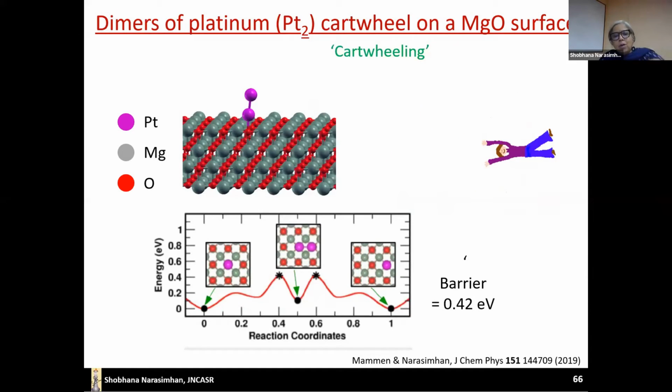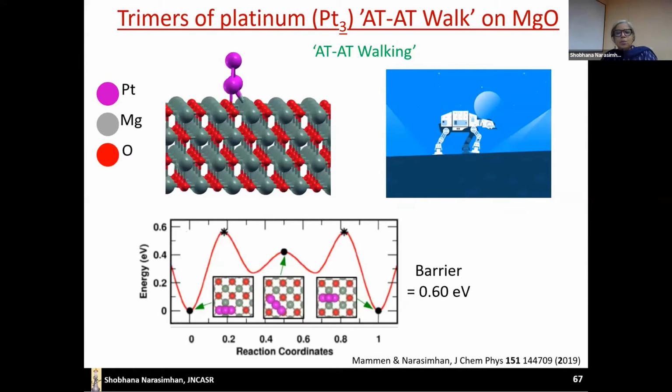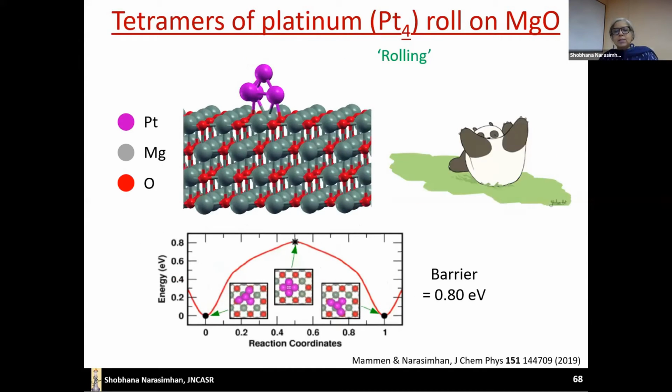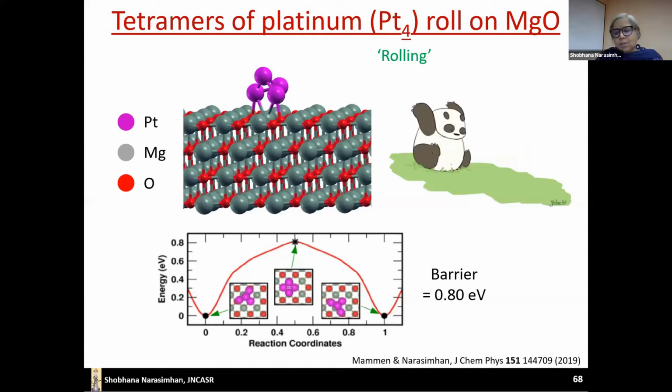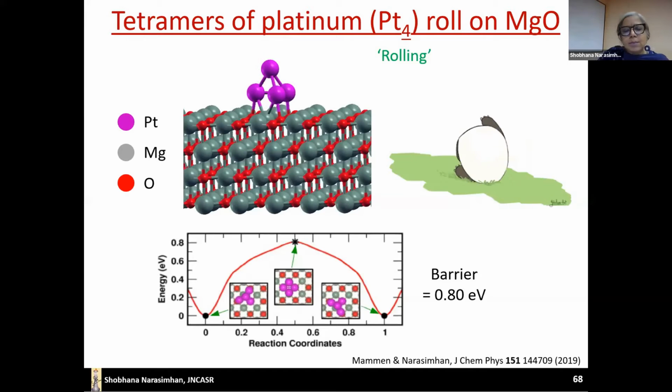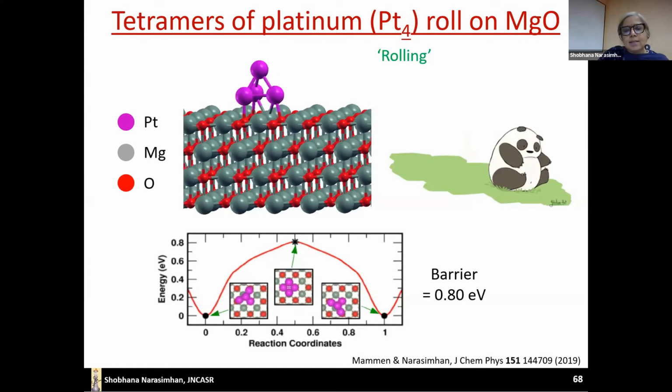They move by what is called cartwheeling. A three atom cluster moves by what we call AT-AT walking, from the Star Wars movies analogy. Four atom particles move by rolling, and we've also calculated the energetics by which the particles move, and then they coalesce and sinter.